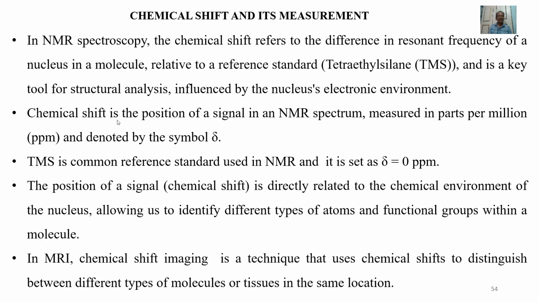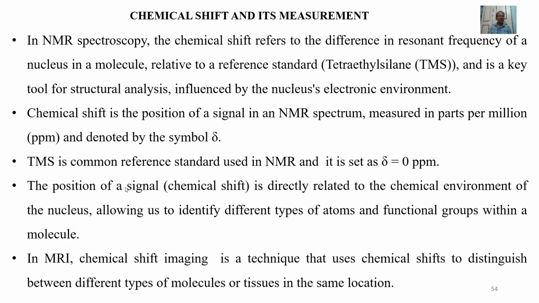Chemical shift is the position of a signal in an NMR spectrum, measured in parts per million, abbreviated as ppm, and denoted by the symbol delta. TMS is a common reference standard used in NMR, and it's set as delta equals 0 ppm.